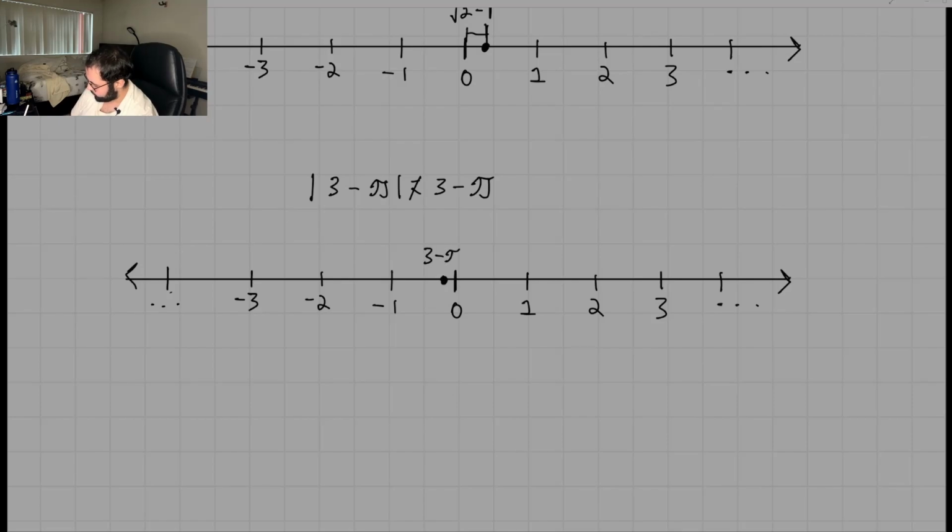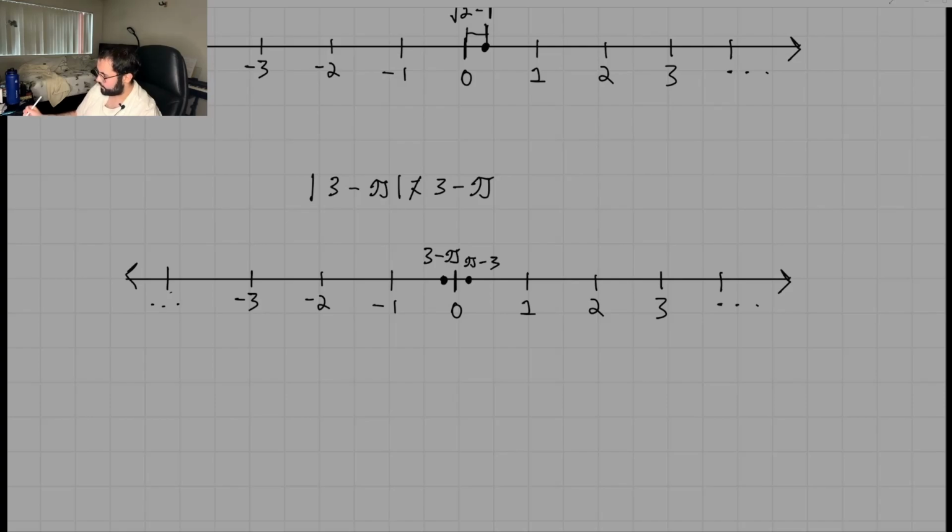Not an exact point, doesn't matter though. So we know that this is a negative number and we can't represent distance with a negative number. The distance isn't equal to this negative value, but it is equal to its positive counterpart. So if we just take the negative of 3 minus pi, then we will get pi minus 3, which falls somewhere around here.